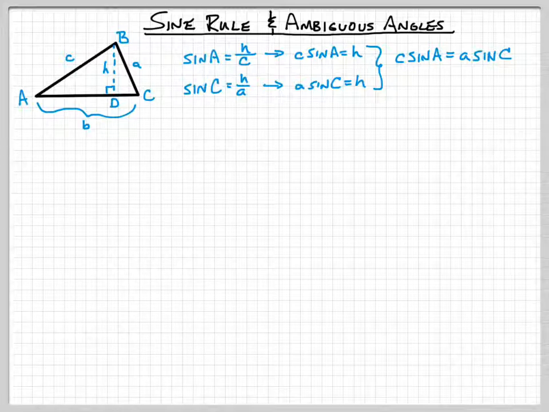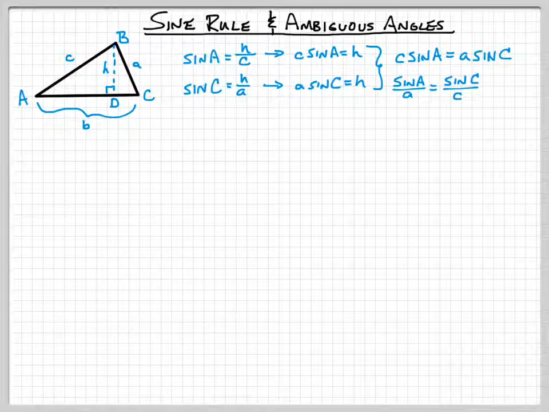So we get C sine A, so that's the side C times the sine of angle A, equaling side A times the sine of angle C. If we divide the left side by C and the right side by A, we get a proportion: sine A over A is equal to sine C over C. So just by setting up this height, we see that these two proportions are equal to each other.